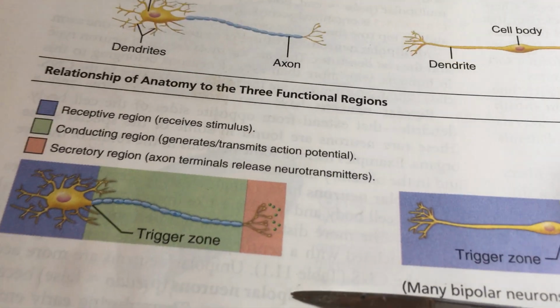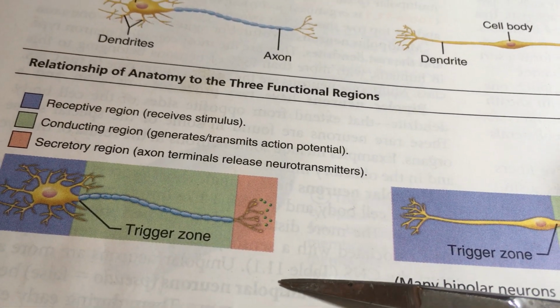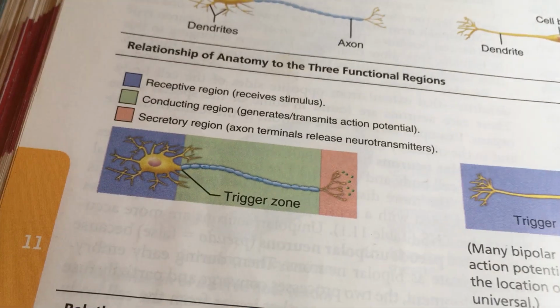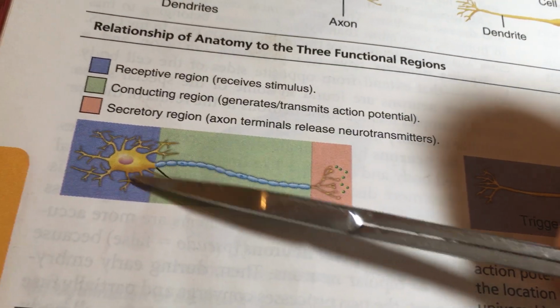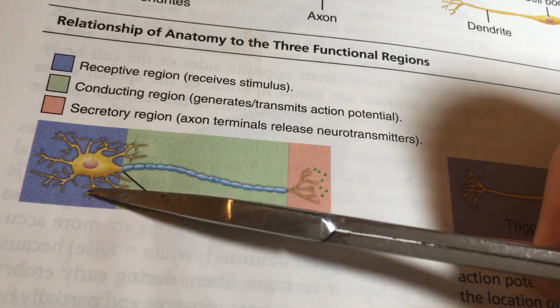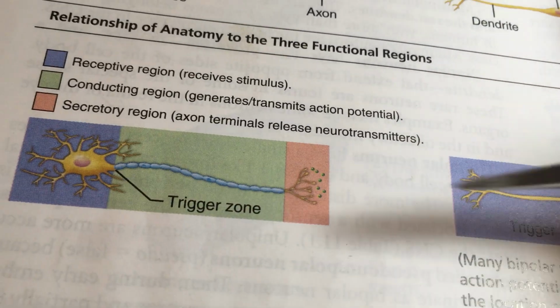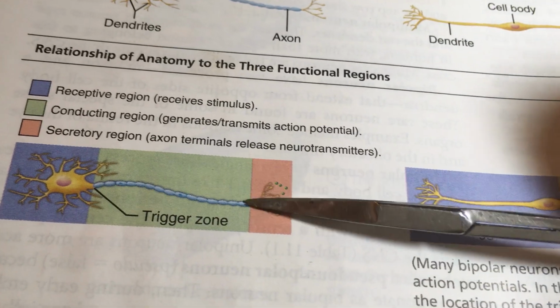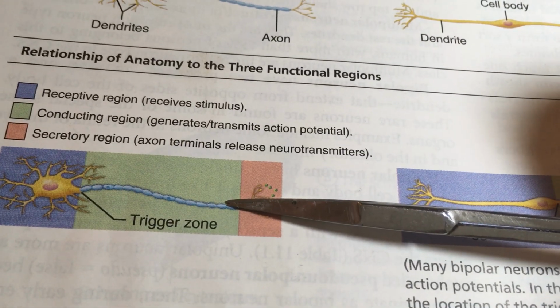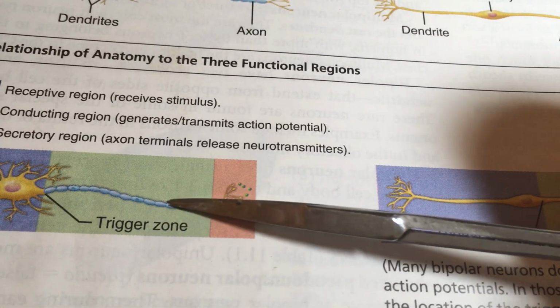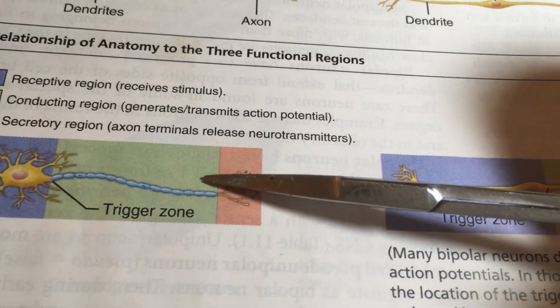Okay, then we have trigger zones. So it's possible to get an action potential, we get the signal, if we trigger this part of the cell. This part, not so much. There's a kind of thing that we do out here which prevents this from going forward, actually.